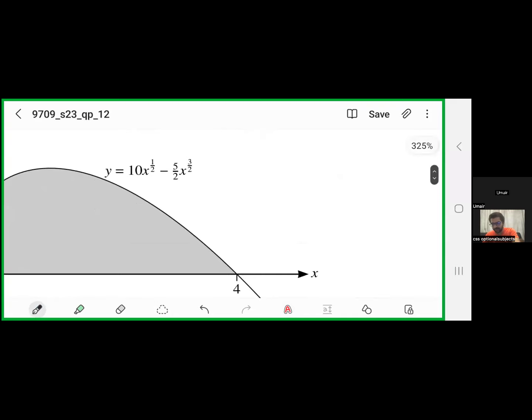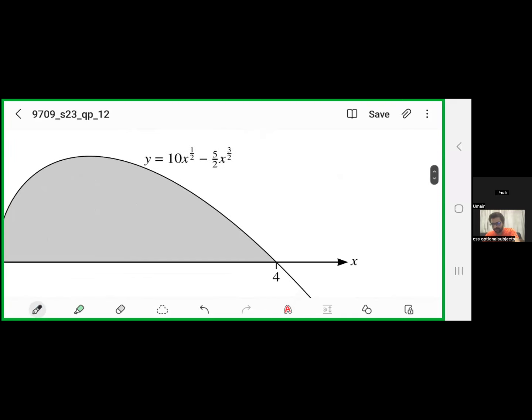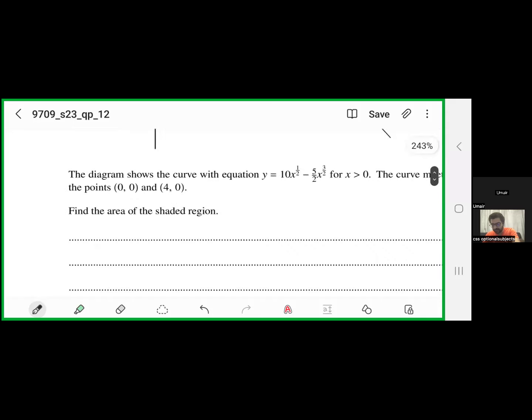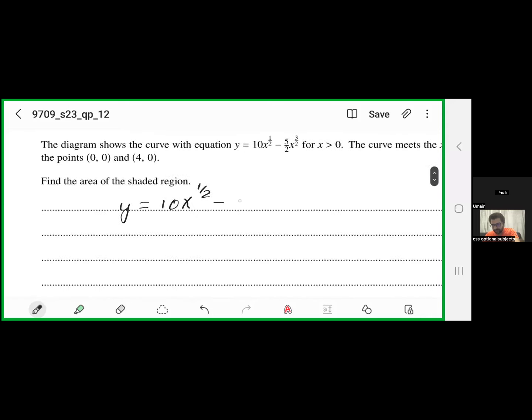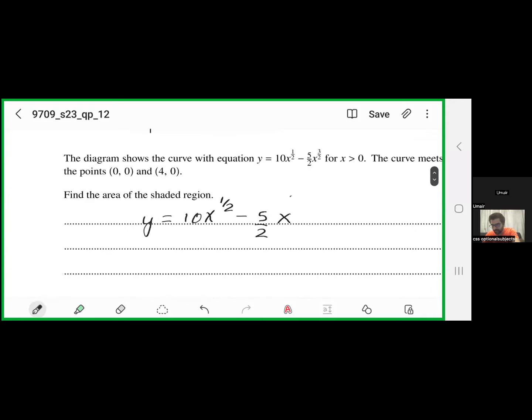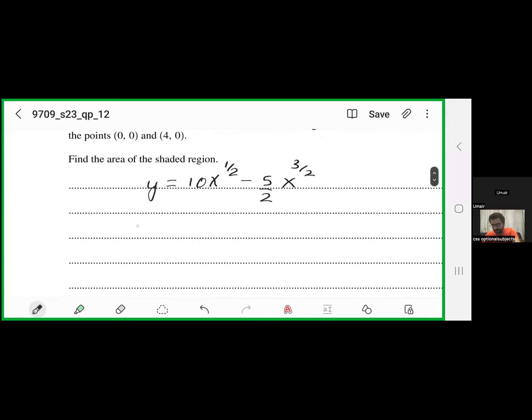Okay, let us write the equation of the curve: 10 x power 1 by 2 minus 5 over 2 x power 3 by 2. Let us integrate this one.